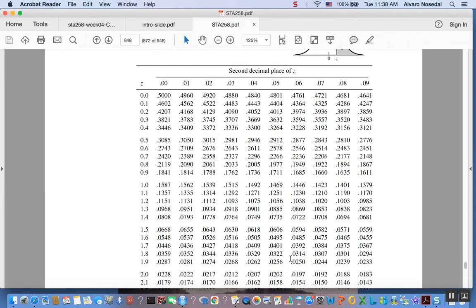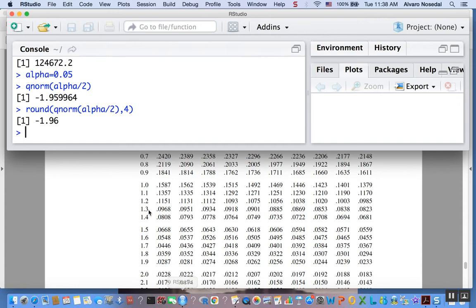So 1.96, 0.025 exactly. So in this case, yeah, we were lucky. If you want a 95%, then you'll be able to find it exactly using our table. But we have R, so no problem. Anyway, it matches.